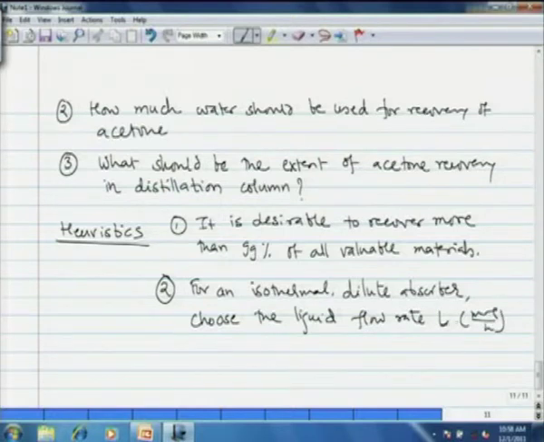This is very important: the unit of liquid flow rate is not kg per mole, such that L is equal to 1.4 m into G, where G is the molar flow rate of gas.